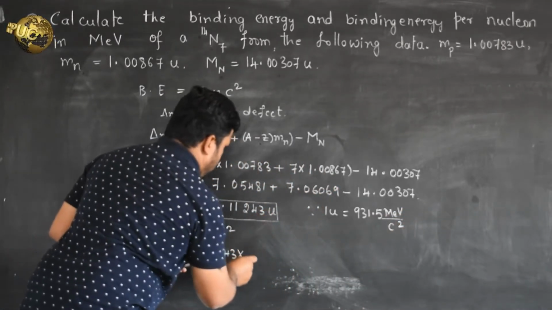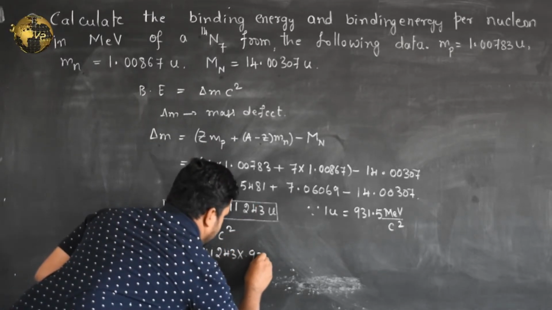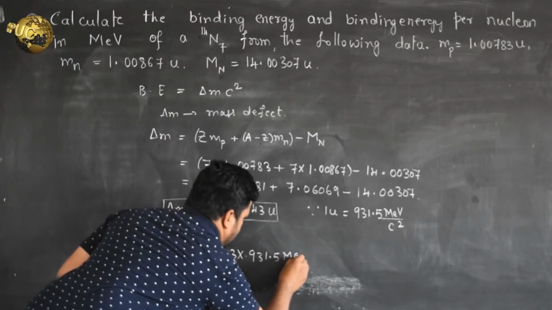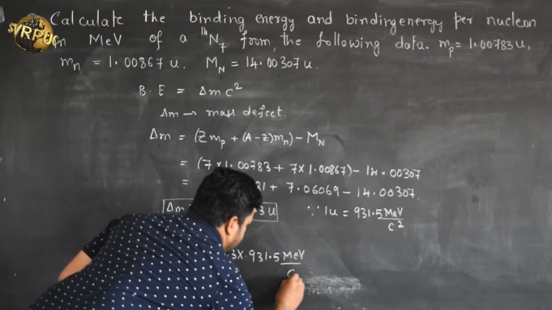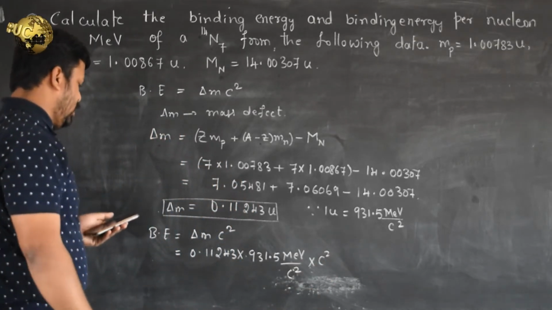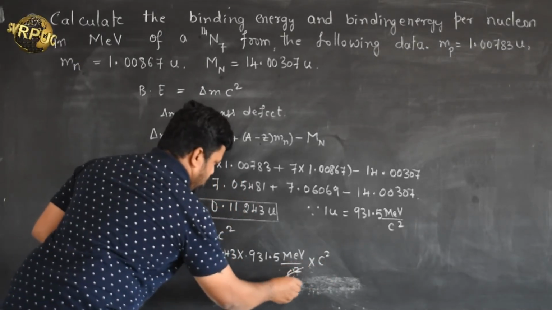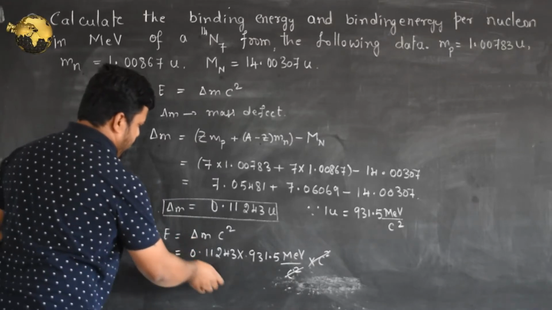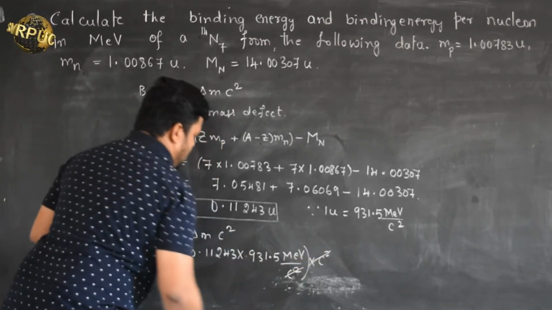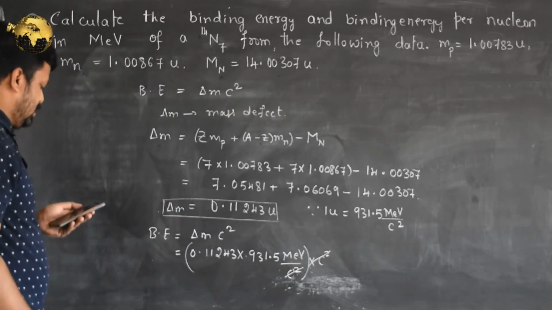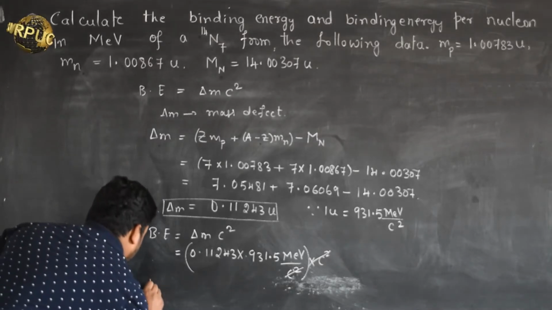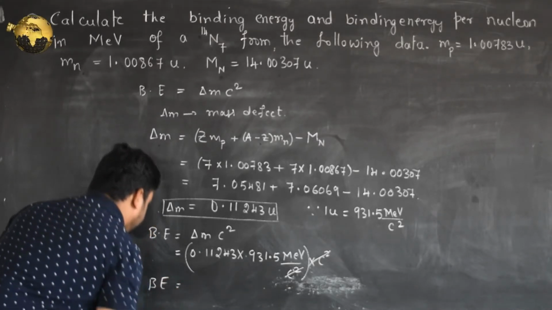So in place of u, I write 931.5 mega electron volt divided by c square, multiplied by c square. So c square and c square cancel. And solve this.